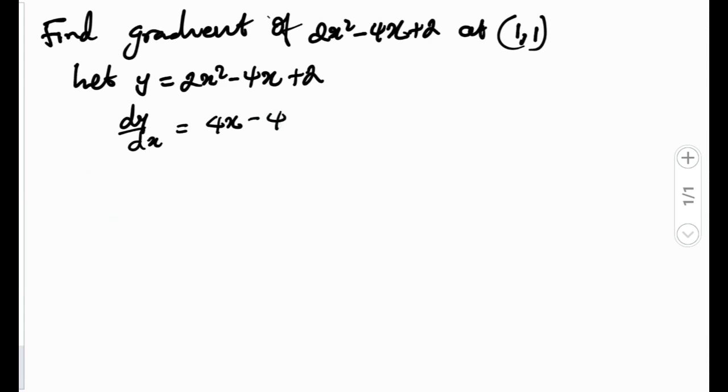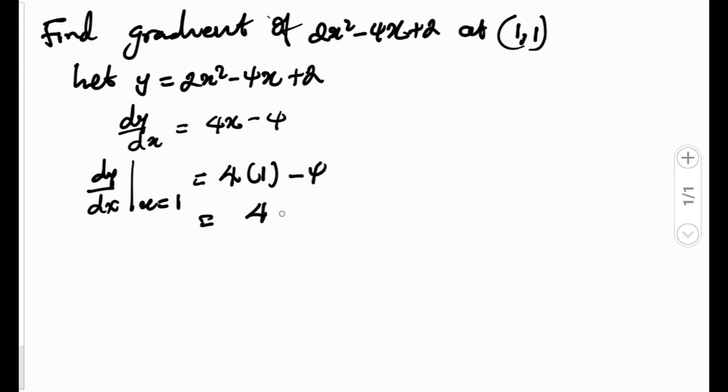Now dy/dx at the point where x equals 1 would be equal to 4 into 1 minus 4, and therefore this would be equal to 4 minus 4, so the gradient would be equal to 0. This is how we can solve for this, in case you've been given an x value to insert in. So this is the gradient after solving the problem.